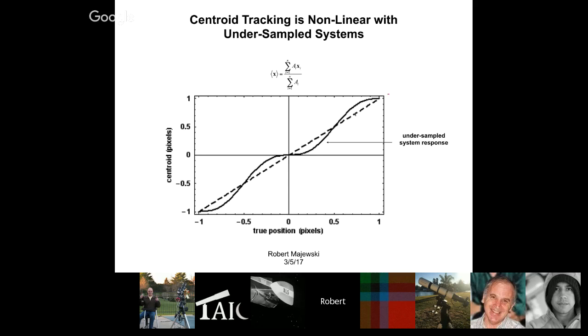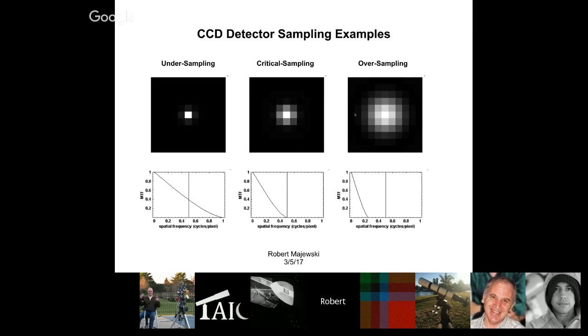Now, I'll explain why image auto-guiding works better on this than centroid tracking. Here's an example of what it looks like. Here's an example of so-called critical sampling, and what that means is that the MTF of the system drops to 0 at the Nyquist spatial frequency of 0.5.